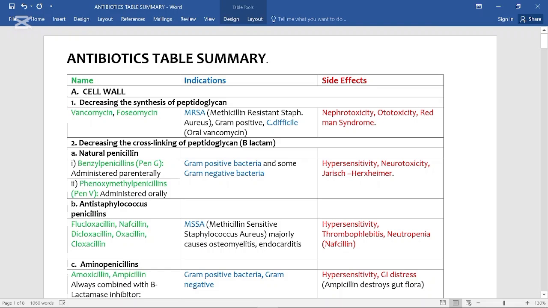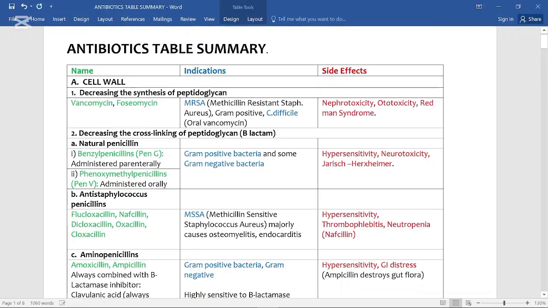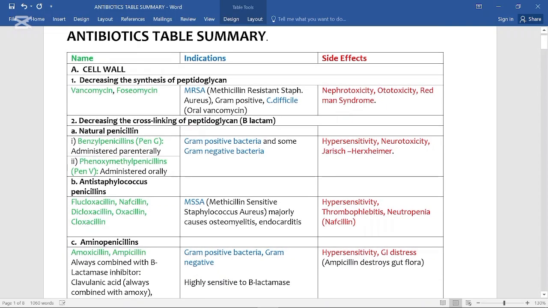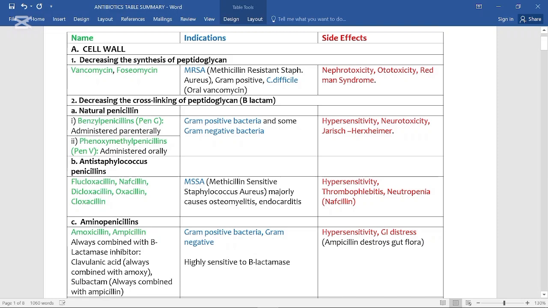And the side effects, like Redman syndrome, especially for vancomycin: if you administer it very quickly, it may cause Redman syndrome. We also looked at the drugs that work by decreasing the cross-linking of the peptidoglycan, the beta-lactam antibiotics, the likes of natural penicillin, benzylpenicillin, which are always administered parenterally, like benzathine and procaine. We also looked at phenoxymethylpenicillin, Pen V, which is always given orally.